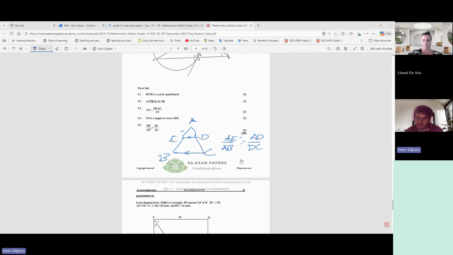With integrated questions, it is very important to realize that you're doing more of an applied math, because you're applying different disciplines in math to do one question, for instance, trigonometry and proportionality, Euclidean geometry and circle geometry.